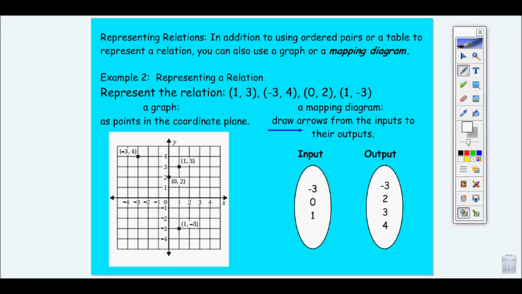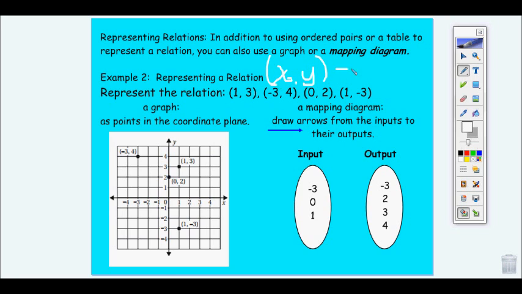Now we're going to talk about representing those relations. We can represent them using ordered pairs as we have been, or we can represent them in a table. You can also use a graph or a mapping diagram. So in a graph, again, we're talking about the x and the y coordinate point.